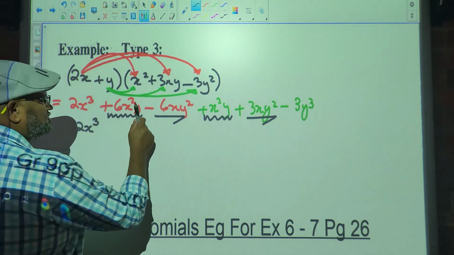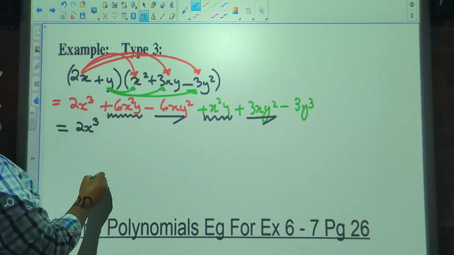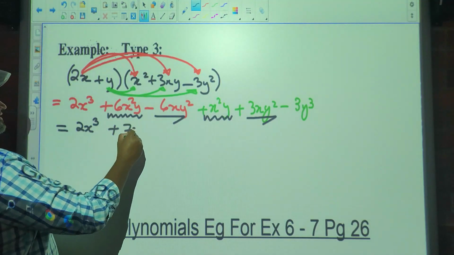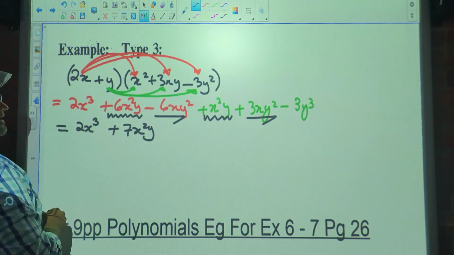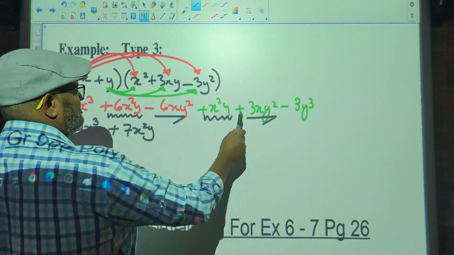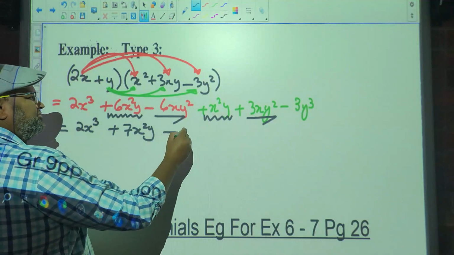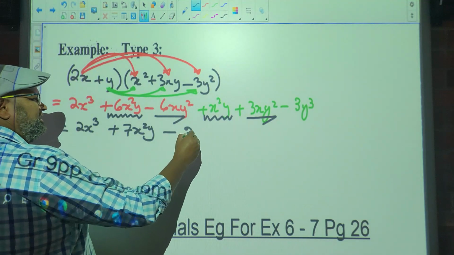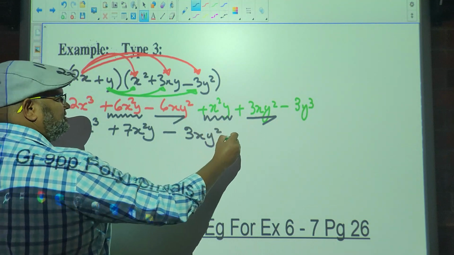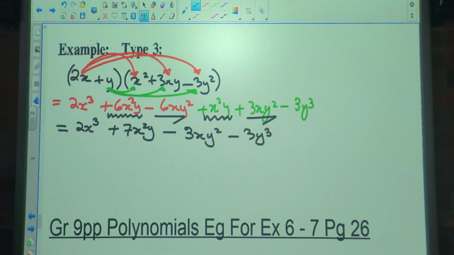So what is 6x squared y plus x squared y? Will be positive 7x squared y. What is negative 6xy squared plus 3xy squared? Negative 3xy squared. Minus 3y cubed. Are there any like terms there? No. So that is your answer.